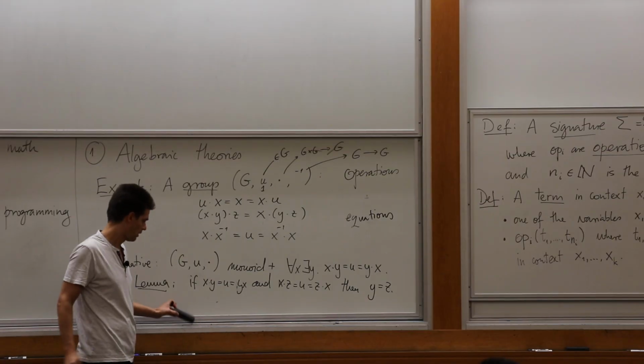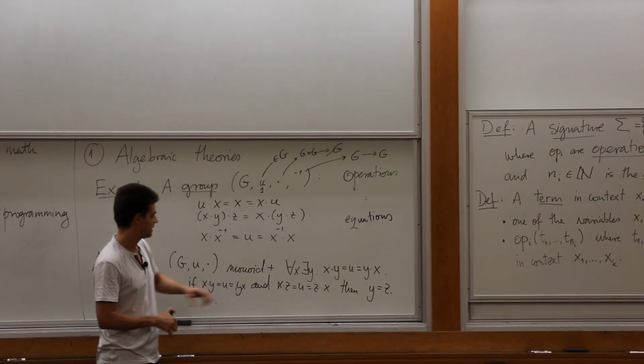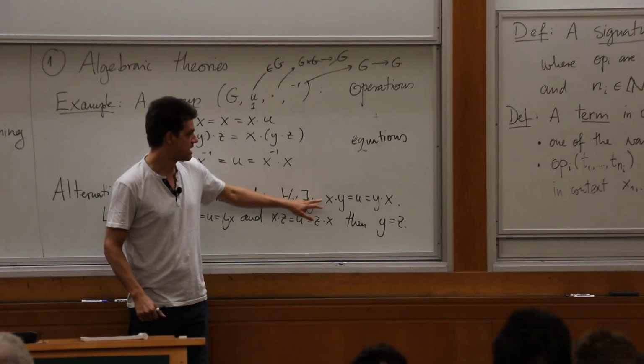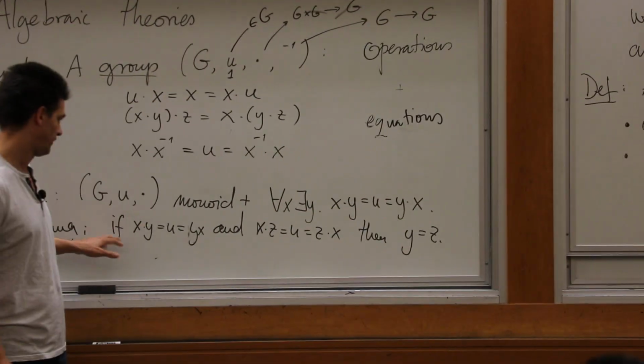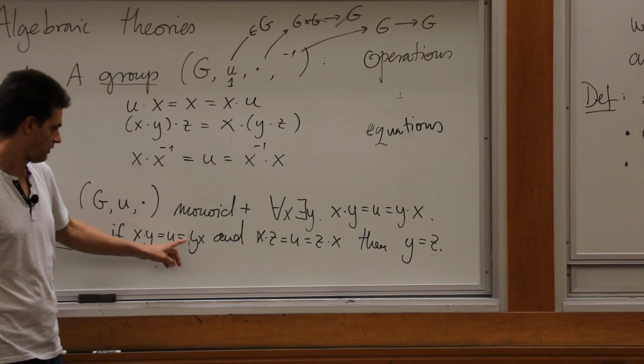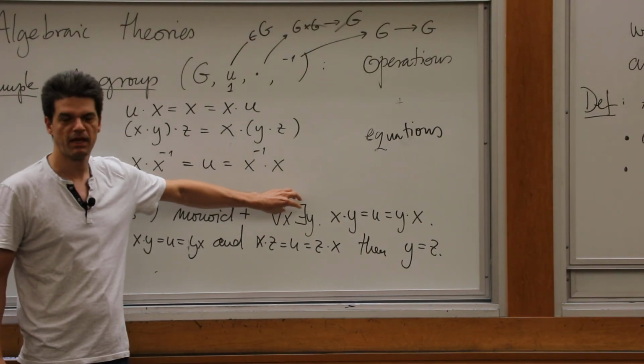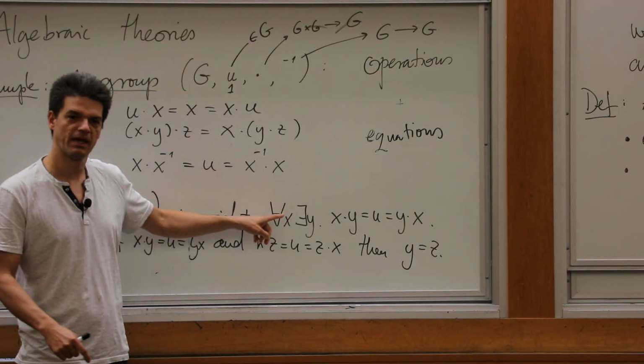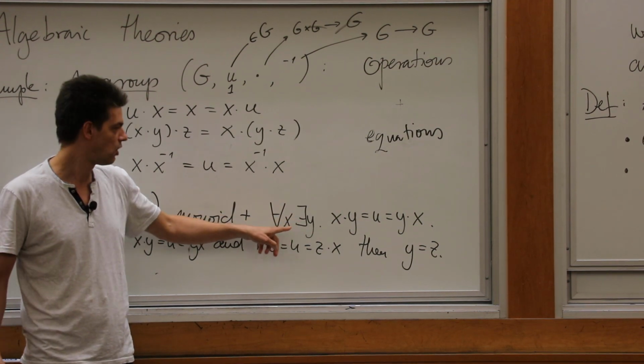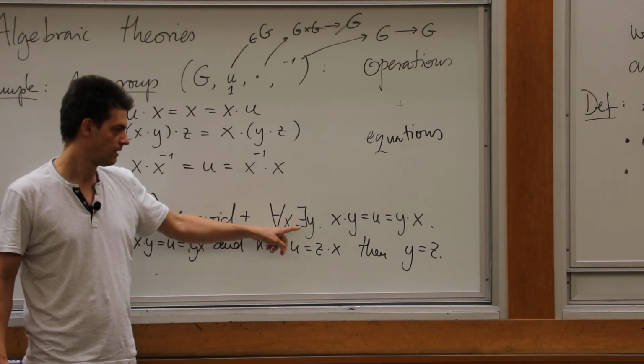Okay? So what this says is, this says every element has an inverse. But this lemma tells you that if there is an inverse, there's at most one. So if you assume that everybody has an inverse, that means everybody has the inverse.